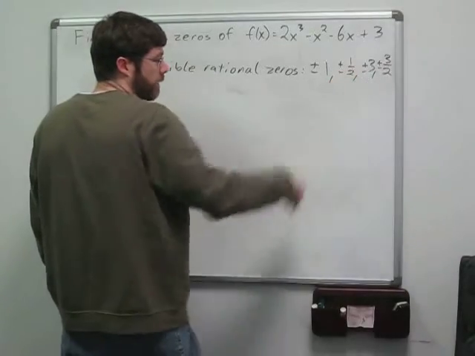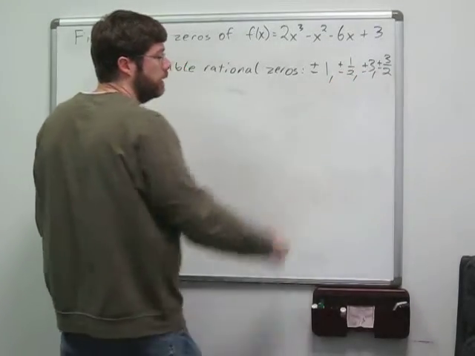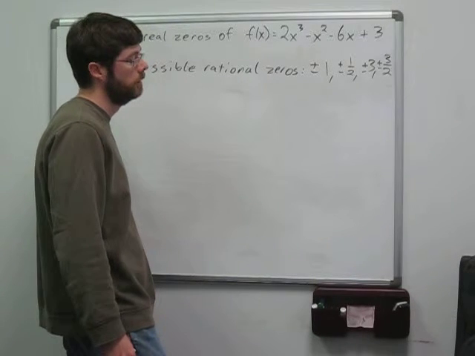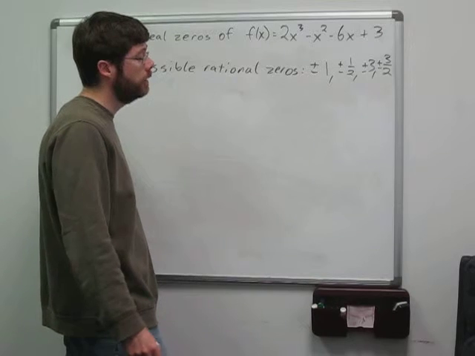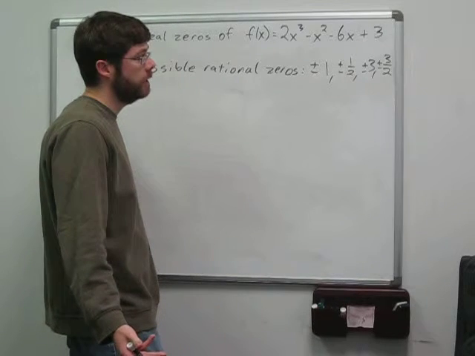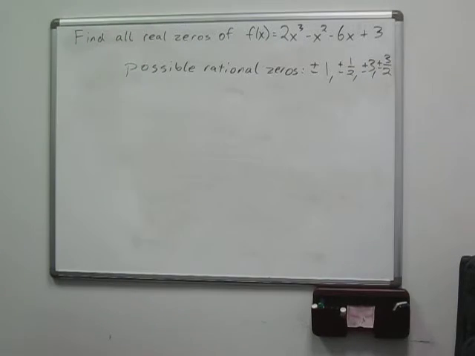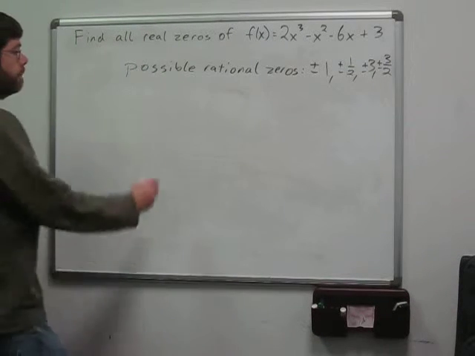Now to get to these fractions, or these more complicated expressions, plugging them into the polynomial, you might want to use a calculator, or perhaps you want to evaluate the function using synthetic division, which is something that we learned a couple of videos back.